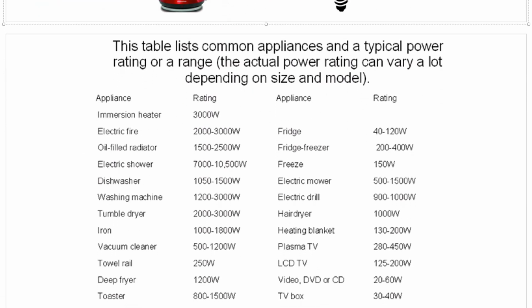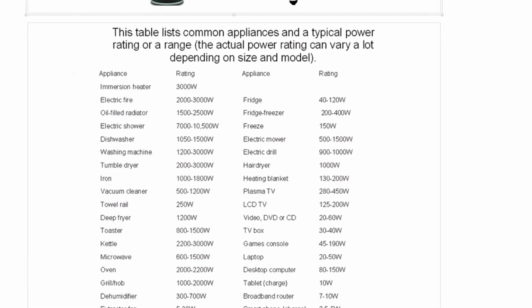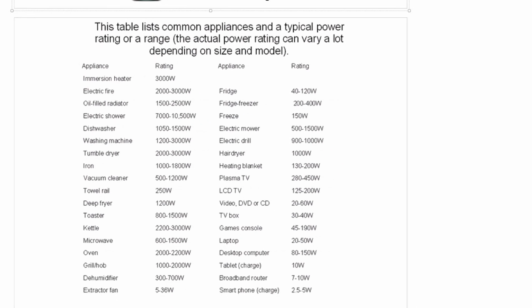And let's just have a look here. This table lists common appliances and a typical power rating or a range, because they can vary. So let's just have a look now. Fridge.